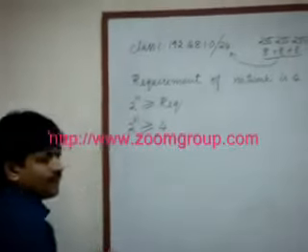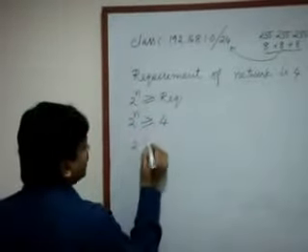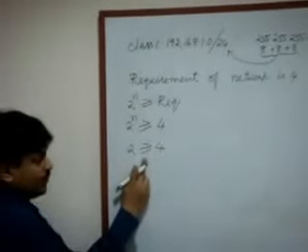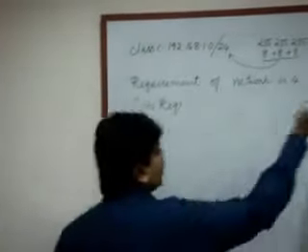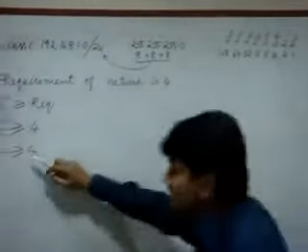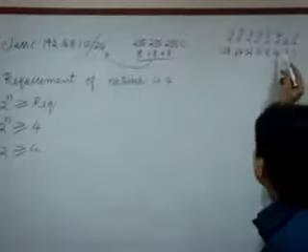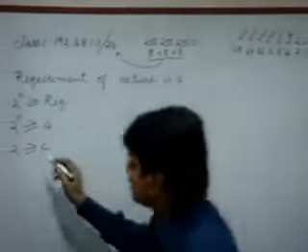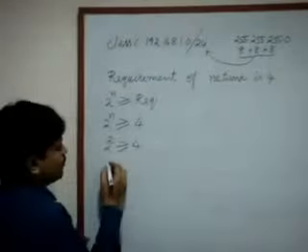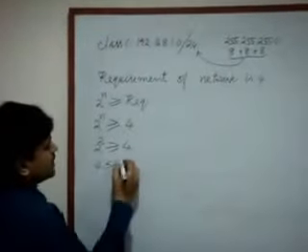The requirement is 4, so I have to choose the n value such that it is equal to 4 or greater than 4. If n is 0, 2 power 0 is 1; 2 power 1 is 2, which is still less than 4; 2 power 2 is 4, which is equal to 4. So I take 2 power 2, which is 4, so we got 4 subnets.